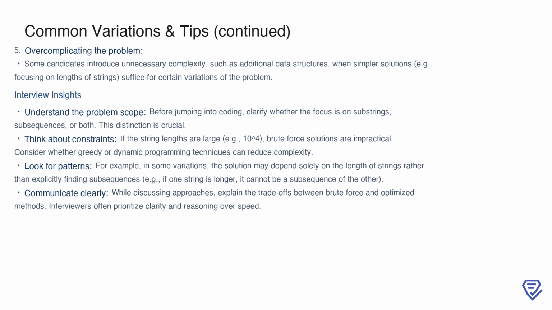Look for patterns in the problem. For instance, if one string is longer than the other, it cannot be a subsequence of the shorter one, which simplifies the logic. Lastly, during interviews, clear communication is key. When discussing your solution, explain the trade-offs between brute force and optimized methods. Interviewers value your thought process and clarity just as much as the final solution.